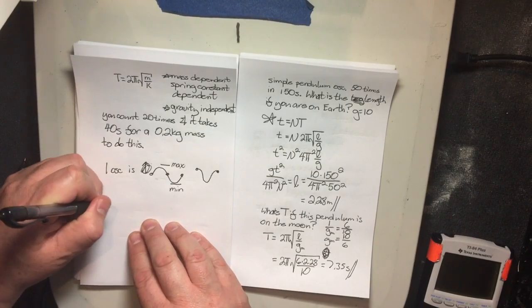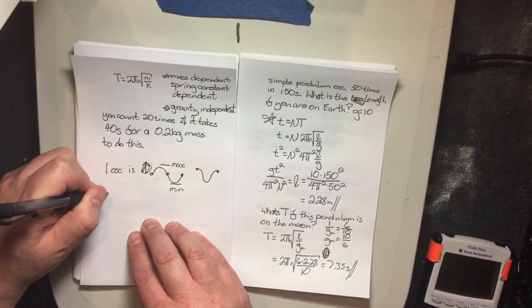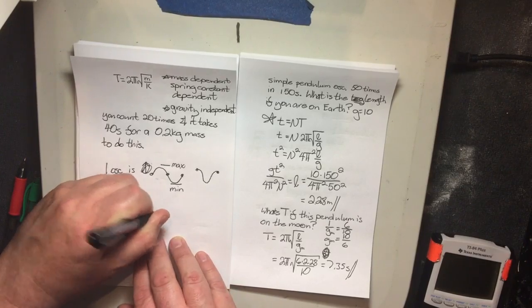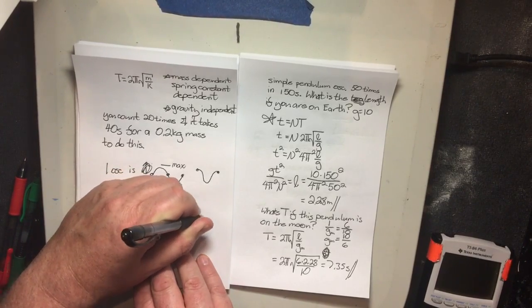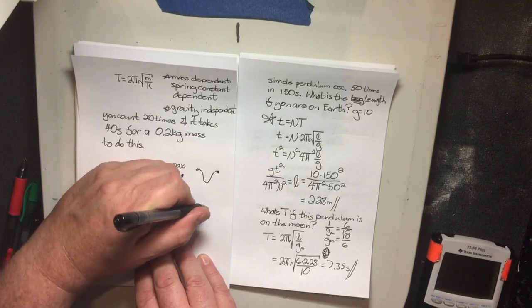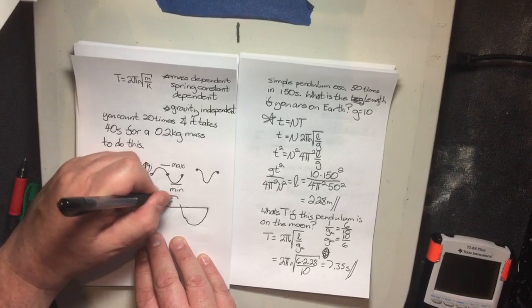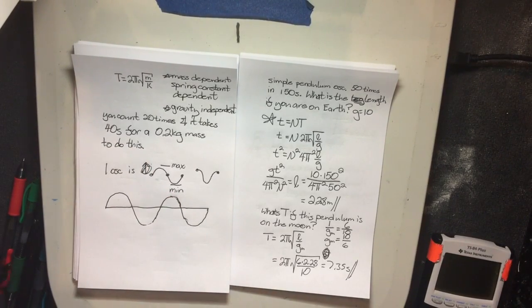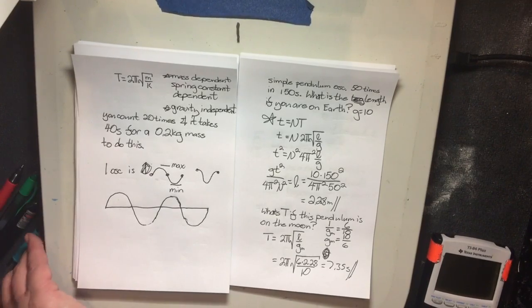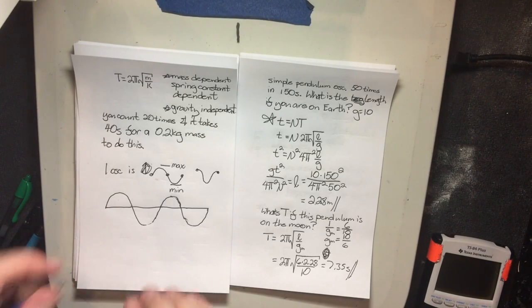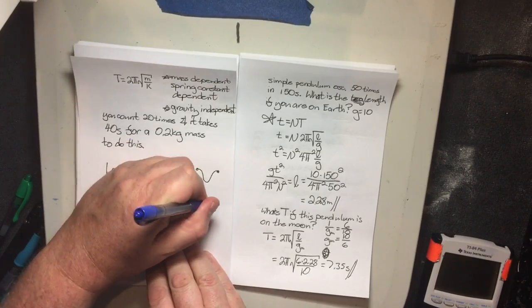And when you're looking at this, if you could plot its position as a function of time, there's some parts that we could label.